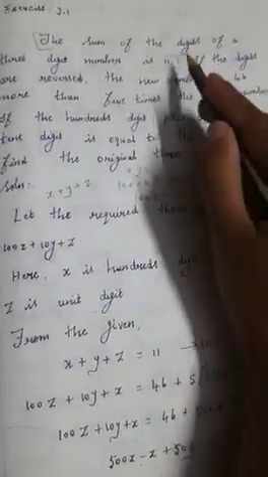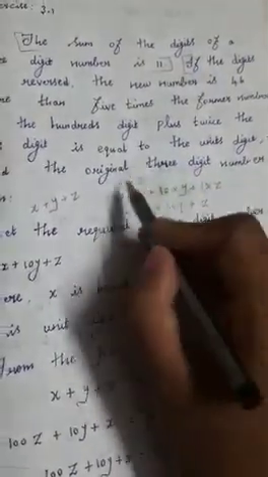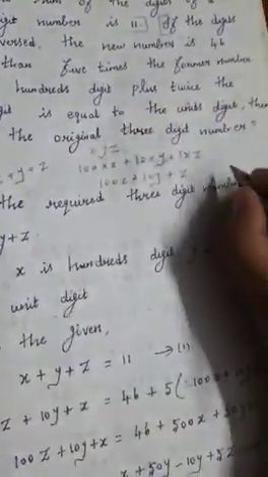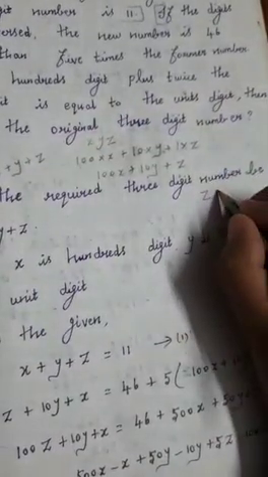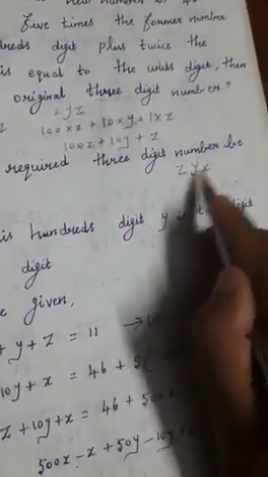The next condition they have given: if the digits are reversed. We have taken xyz. How can we change it? Reversely you have to write, that is z, then y, then x. Now the places will not change.